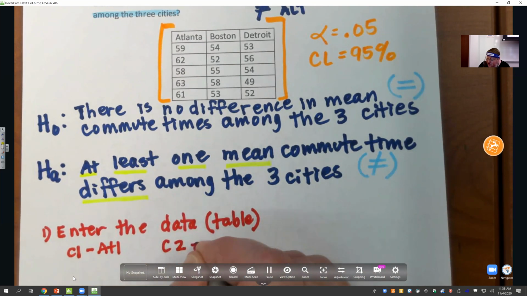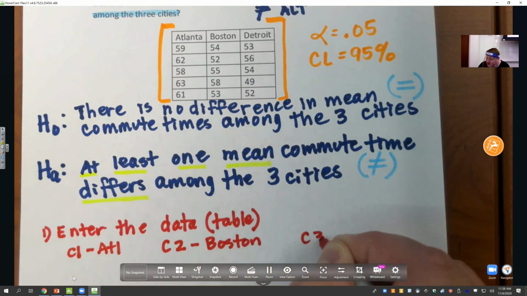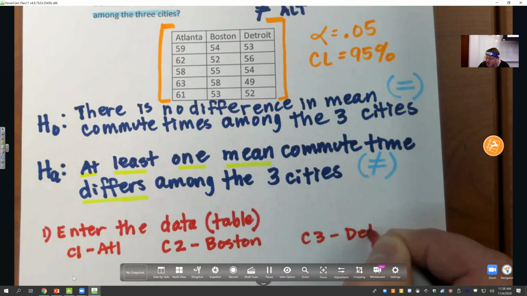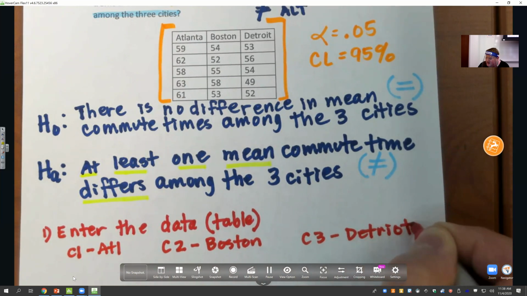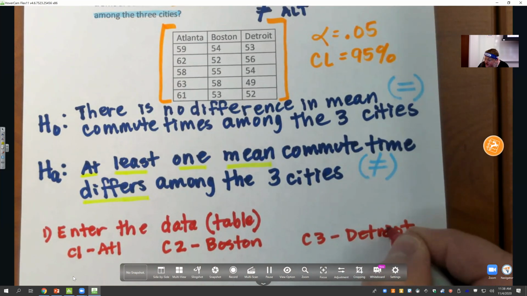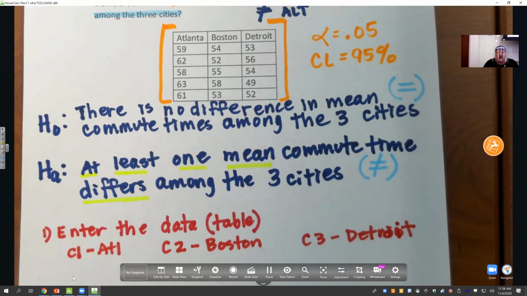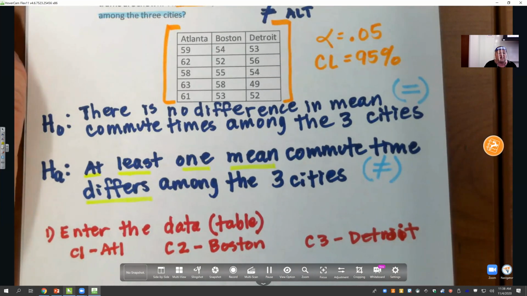In column 2, you're going to put Boston. And in column 3, you're going to put Detroit. You put each category in a different column, okay? You put each category in a different column. So I'm going to go out and do that first before I tell you the other keystrokes.